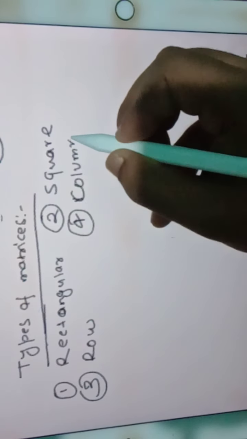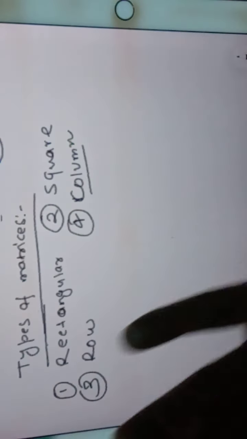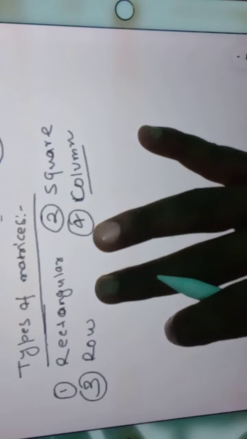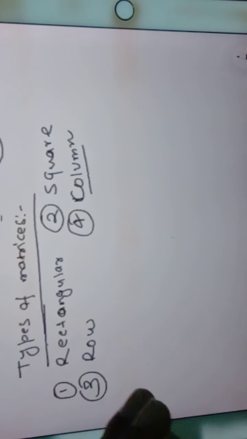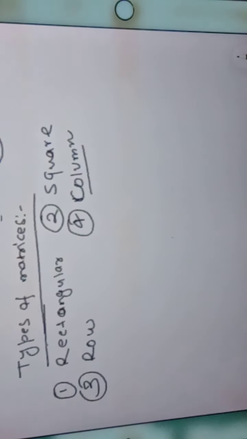Why am I writing this? Because if you see the definitions of these, they all look similar. If you remember only one, then you will be able to get the definitions of all 4 matrices.